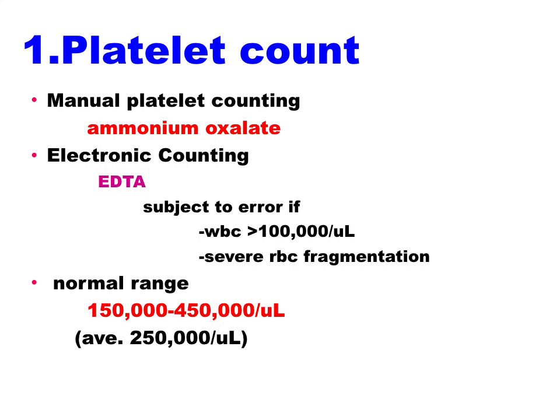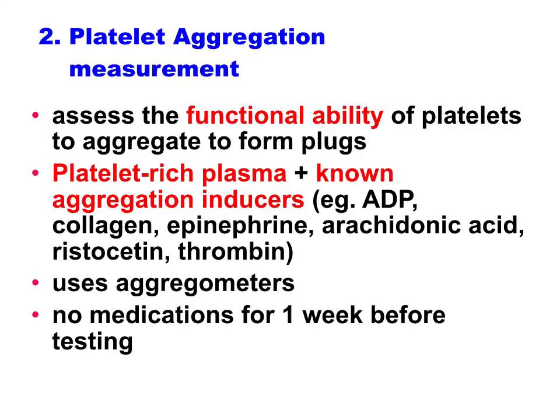The electronic counting is said to be subjected to error because if there are numerous white blood cells, or if there is severe red blood cell fragmentation, this can be perceived by the machine as platelets. So that's going to be an erroneous reading. The normal range is from 150 to 450,000 per uL, and we have an average count of 250,000 per uL.